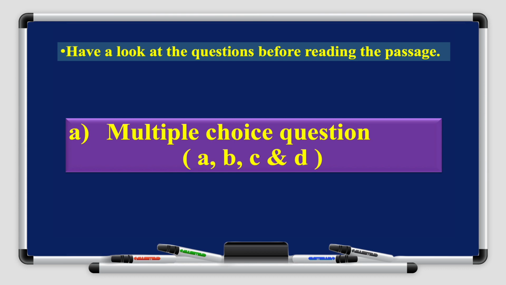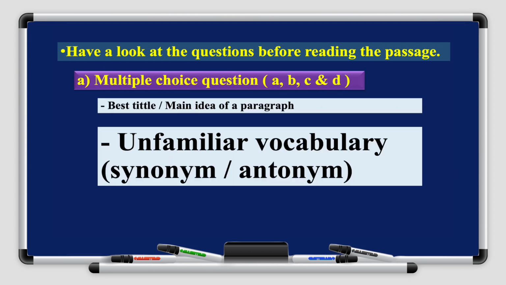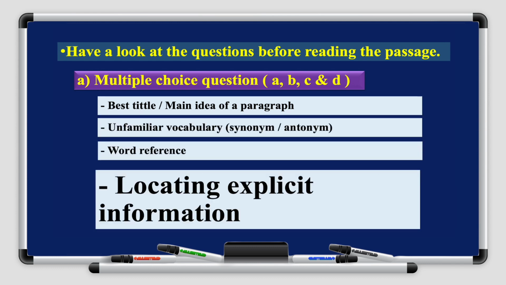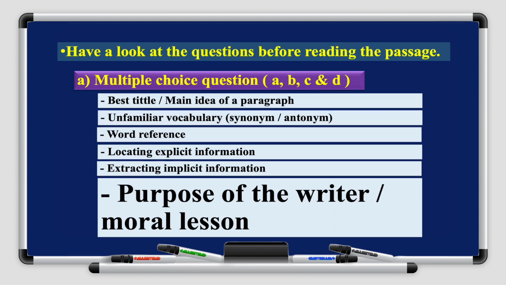First of all, we have the MCQ questions, which means multiple choice questions. You choose the answer A, B, C, or D. These questions may include the best title, the main idea of the paragraph, unfamiliar vocabulary, the synonym or the antonym, the meaning of the word or the opposite of the word, the word reference, locating explicit information, extracting implicit information, and questions relating to the purpose of the writer.